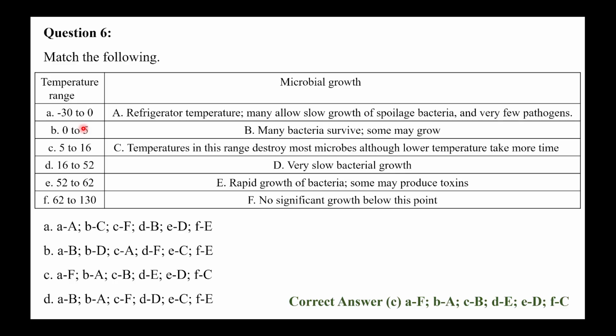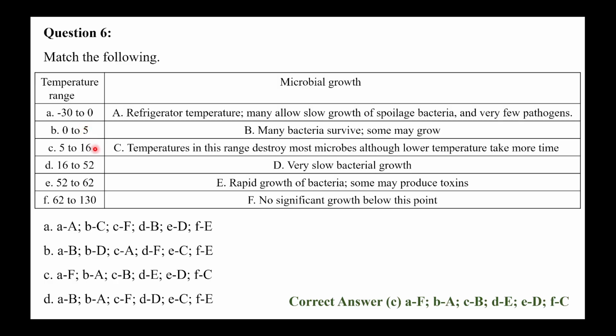It will be very slow growth. It's not going to happen like today you keep something in the fridge and tomorrow you see bacterial or fungal growth on the food item. Okay. So 0 to 5 is the refrigerator temperature.